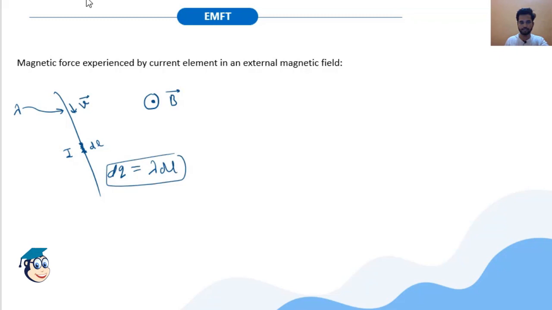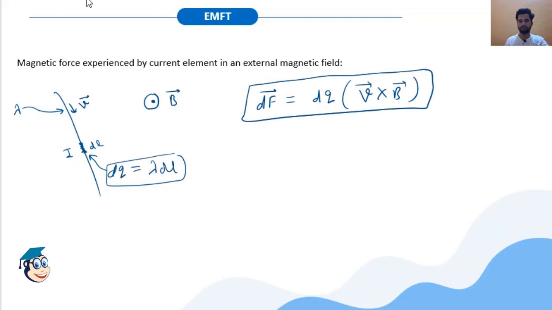Okay, and we know the magnetic force on a small charge dq, which is moving with velocity v in presence of some external magnetic field, is given by Q V cross B. This is the formula for magnetic force. Now that dq can be written as lambda times dl, V cross B.